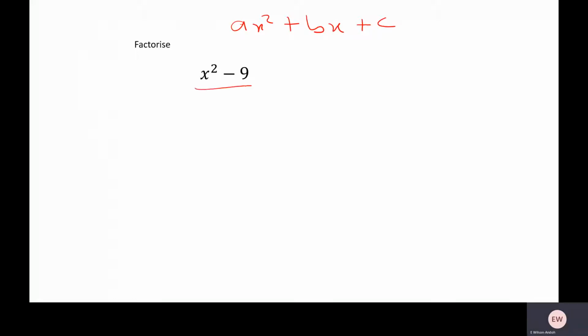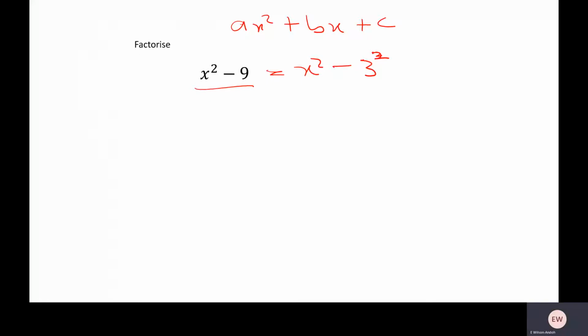And also this expression is difference of two squares because we can write this as x squared minus 3 squared. So we have changed this to be something squared minus something squared.